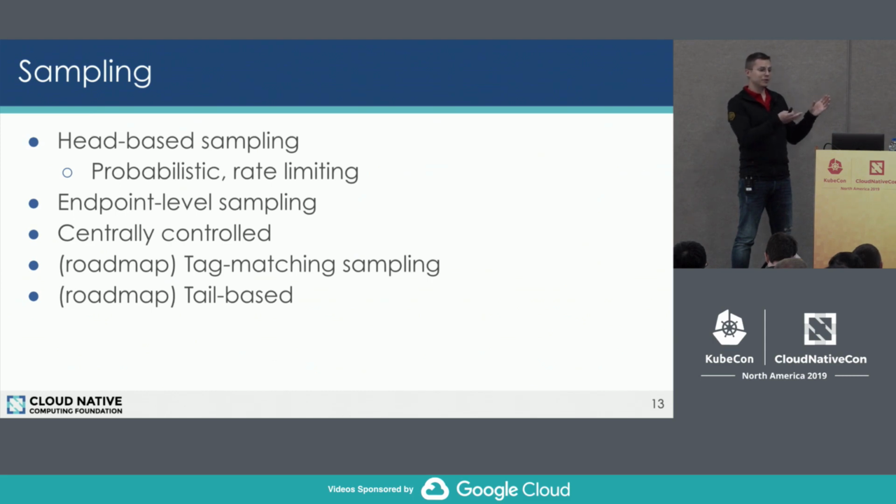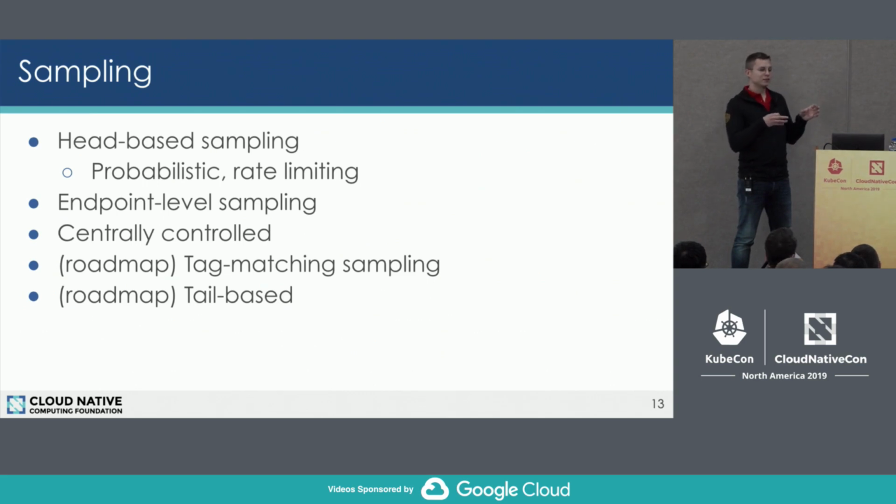So endpoint A may receive 1,000 requests, and endpoint B receives 2 requests. What happens if you use a probabilistic sampler is that endpoint B will get only very few traces stored.